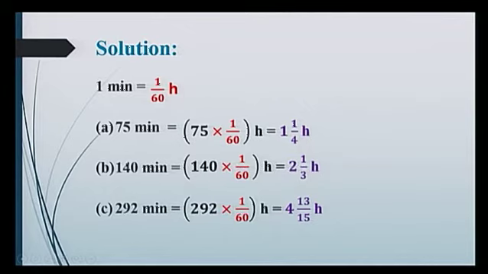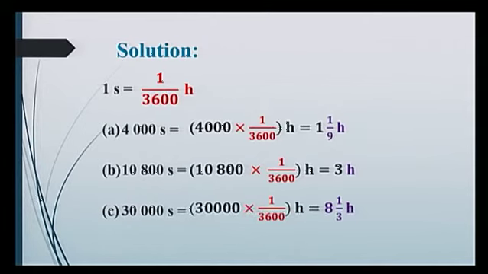For part B, 140 minutes will be 140 times 1 over 60 hours, and this gives me 2 1/3 hours. For the last one, 292 minutes will be 292 times 1 over 60 hours, and this is equal to 4 13/15 hours.